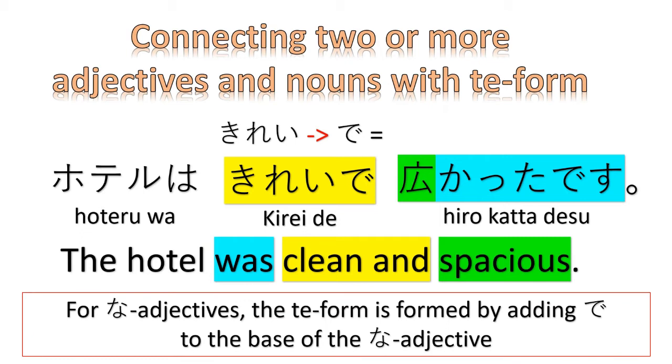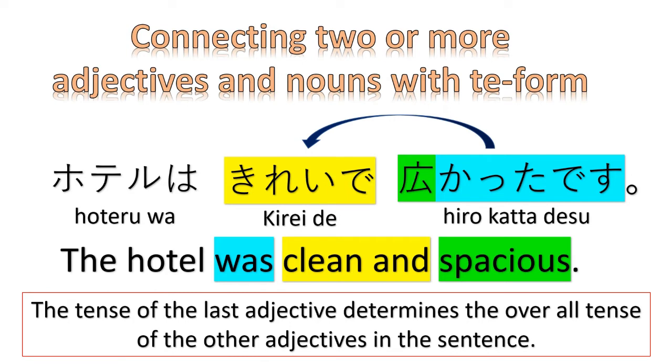This is because kirei is a na adjective, so we do not drop the hiragana i. For na adjectives, the te form is formed by adding de to the base of the na adjective. So we do not have to drop anything except the na. So it becomes kirei de.